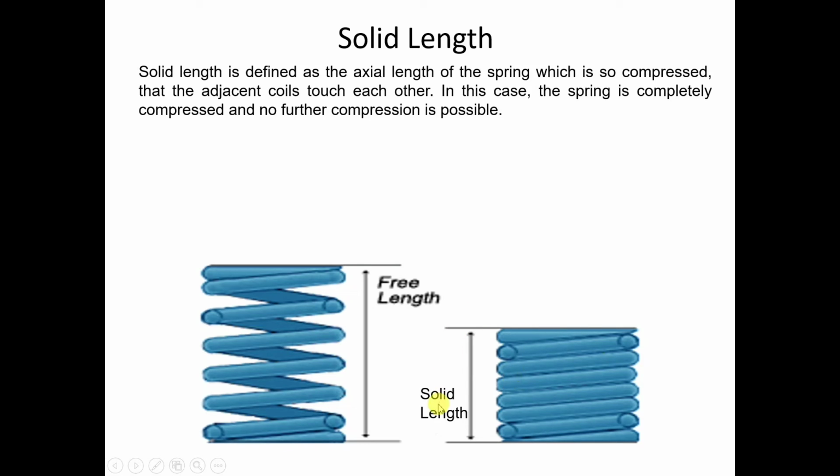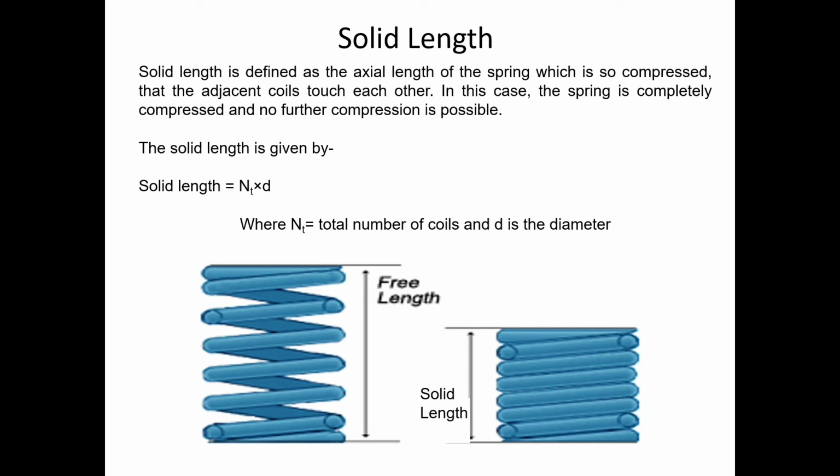In that case, if you measure its length, this length is basically known as the solid length, and if you release the pressure, it will come to its original length, which is known as the free length.